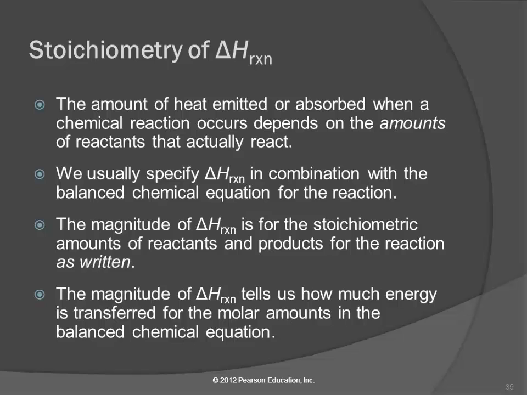So the amount of heat absorbed or emitted depends on the amounts. The delta heat of reaction is specified for the stoichiometric amounts of the reaction as written. The magnitude tells us how much is being transferred. The sign tells us what direction it's going in.